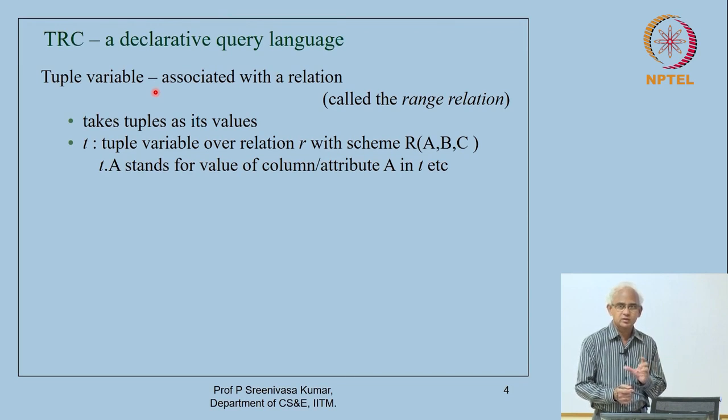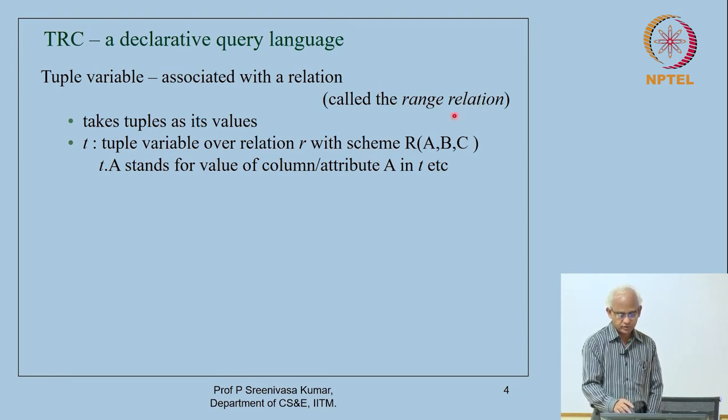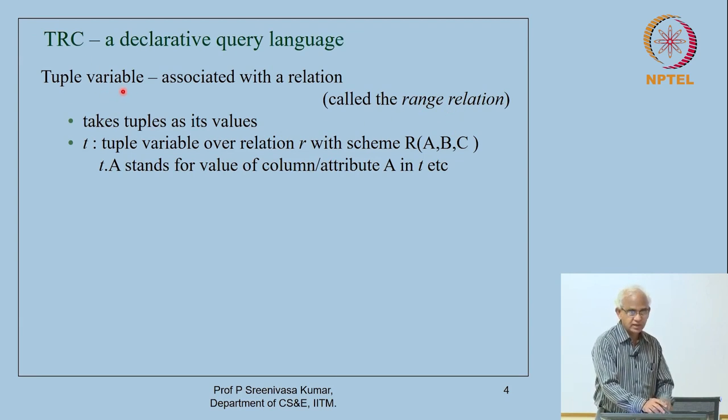It is convenient for us to think of whole tuples being assigned to variables rather than individual values. A tuple variable is usually associated with a relation called the range relation. We will see why exactly it is called range relation a little later. This variable is slightly different from the variables I have mentioned in the previous slides. This takes entire tuples as its values.